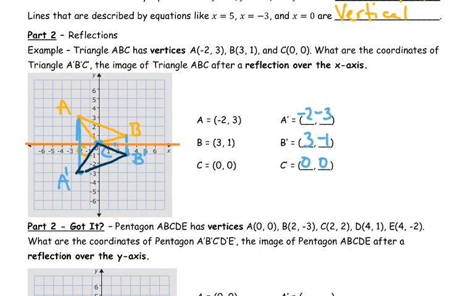So let's take some observations here. Notice that all of our x values, -2 and -2, 3 and 3, 0 and 0, the x values don't change.